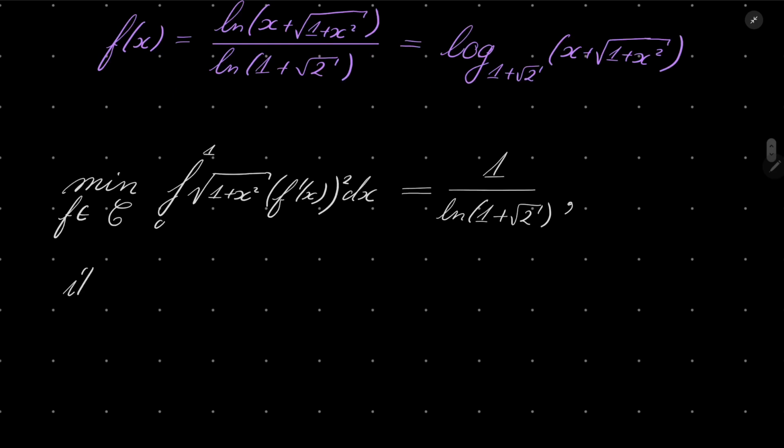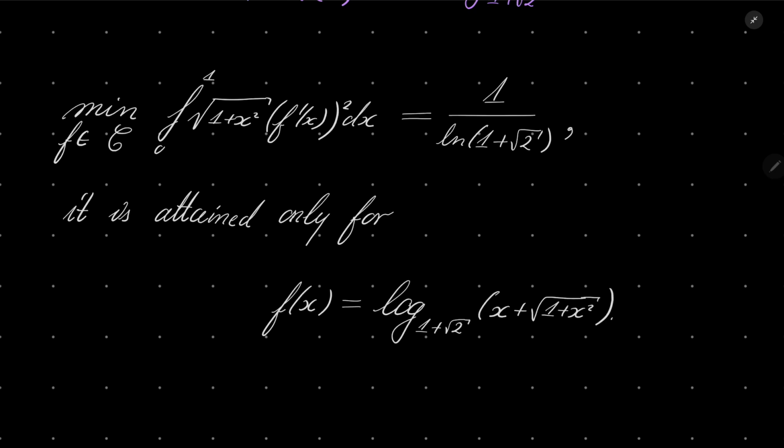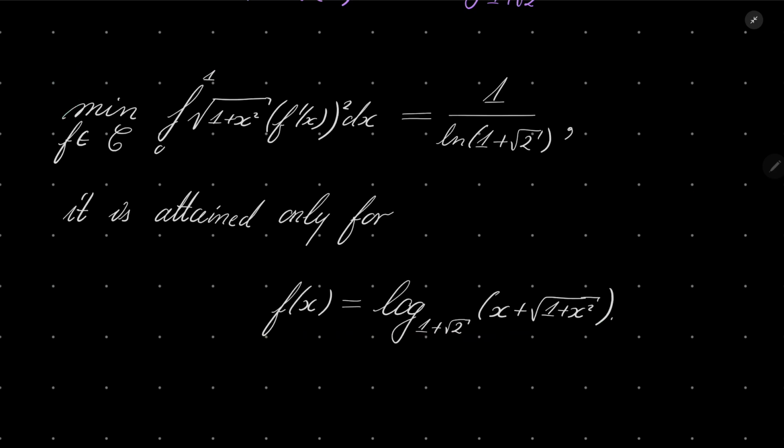It is attained only for f of x, which is equal to the logarithm with base 1 plus square root of 2 of x plus the square root of 1 plus x squared. And that is our result. That is our result indeed.